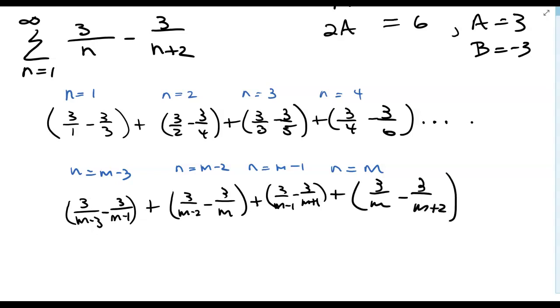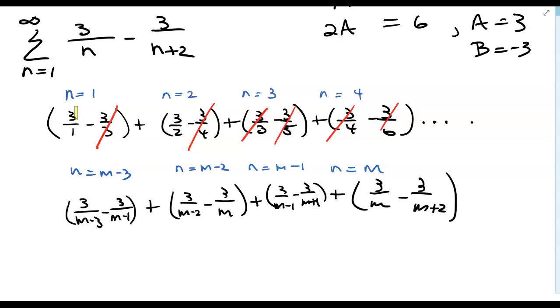Okay, now the fun part. Let's cancel. So the 3 over 3 cancels, right? 3 over 4 cancels, right? So you have to go 2 forward to get the 3 over 3 to cancel. The 3 over 5 will end up canceling. So anything moving forward is going to cancel.